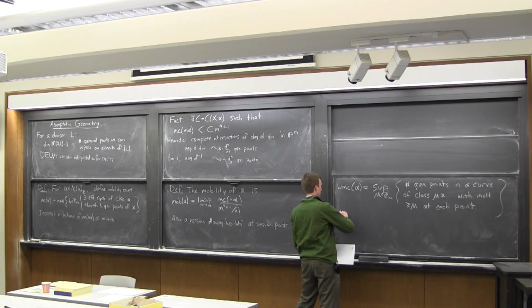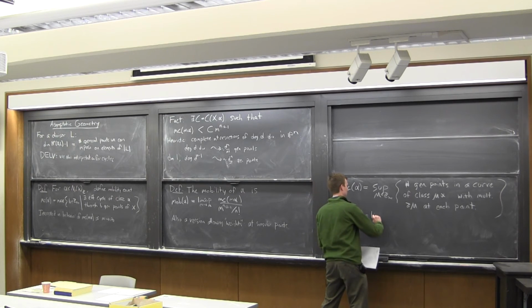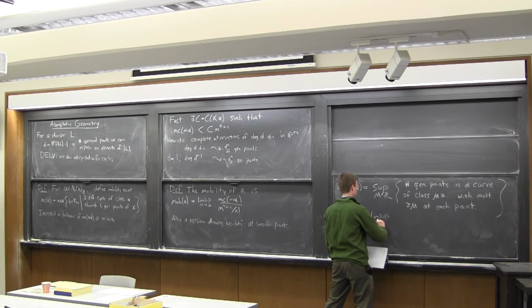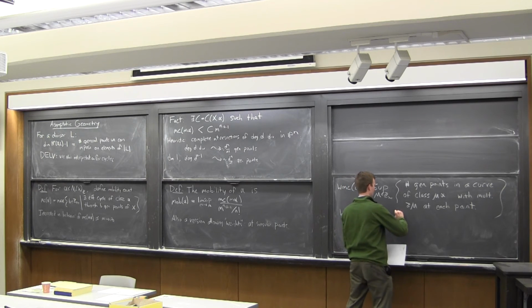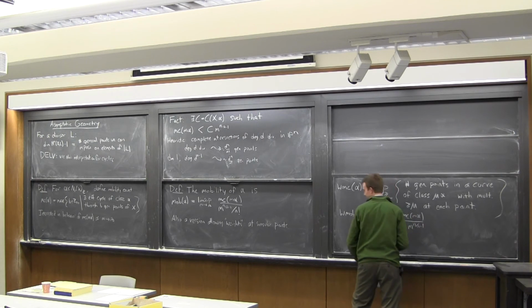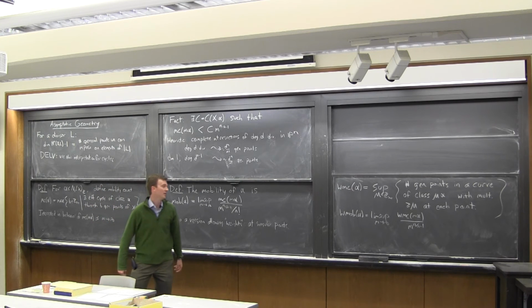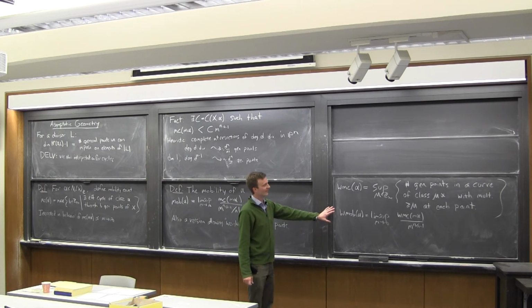And then the weighted mobility of alpha is the lim sup, as m goes to infinity, of the weighted mobility count of m times alpha over m to the n over n minus 1. No rescaling factor this time. I think it's hard to grasp what this means when you first look at it.